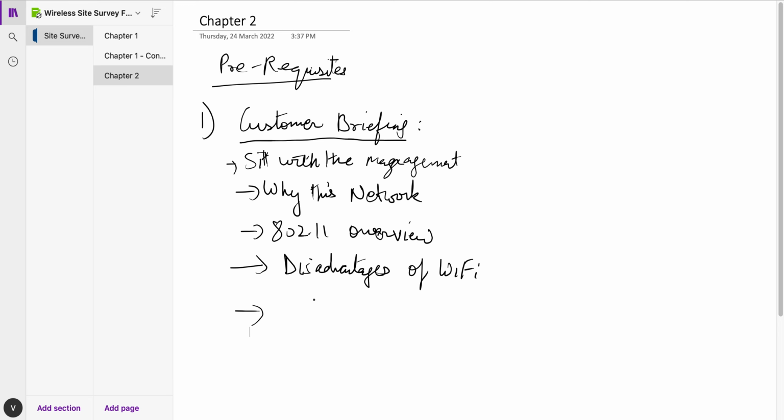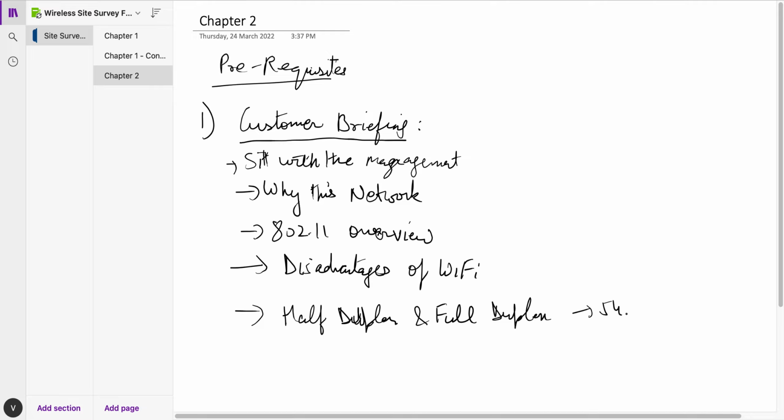Most customers have a misunderstanding about half duplex and full duplex. What they think is that if my data rate is 54 mbps, I should get a throughput of 54 mbps also, which is not true, right? So you need to explain to them why, if the data rate is 54, you should not get a throughput of 54 at all.